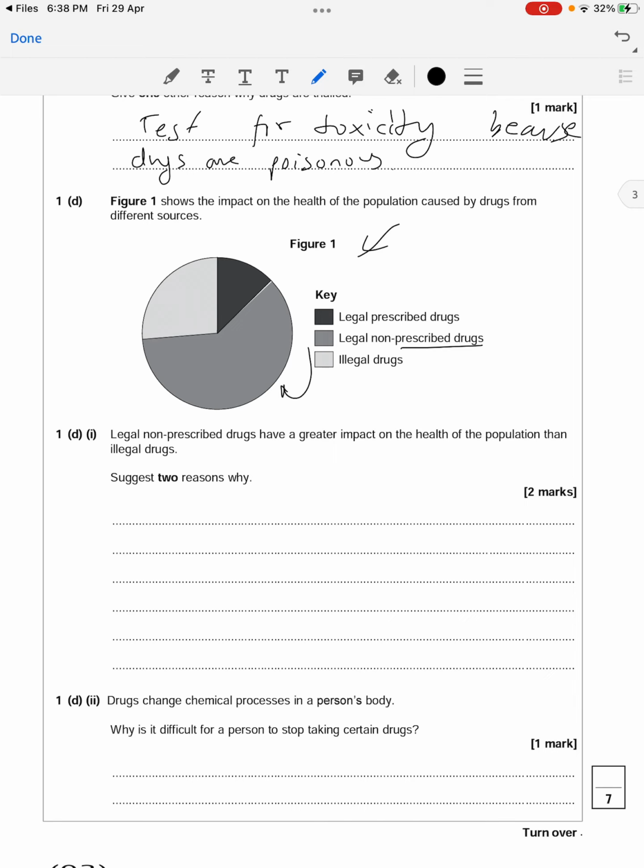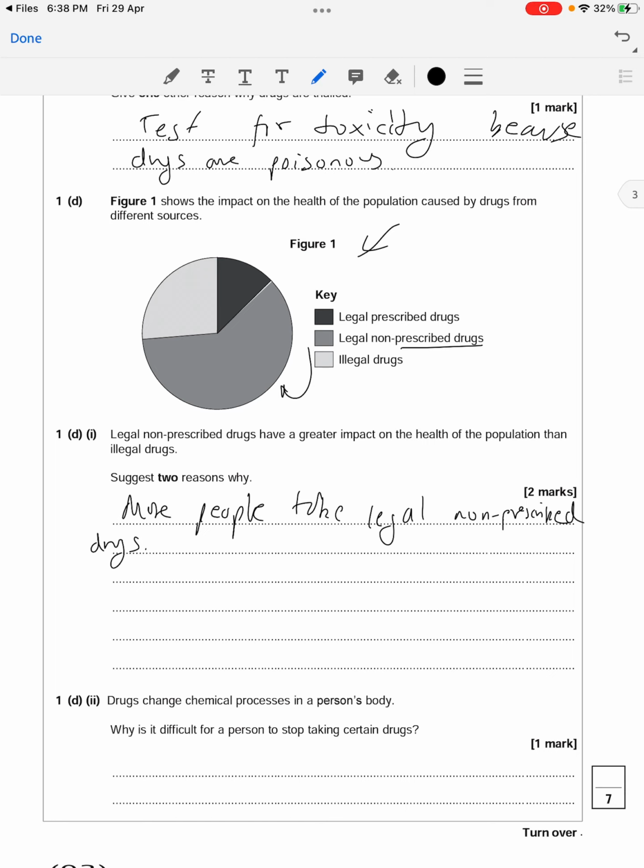rather than illegal drugs. Now, the main reason is because more people take the legal, non-prescribed drugs, unlike the illegal ones.